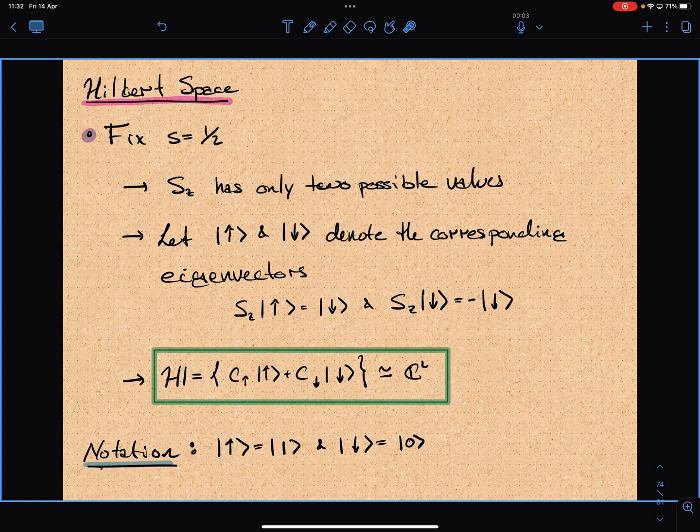And what I want to do is describe this dynamics, or introduce operators related to this spin observable. And these are going to essentially become the basis for the quantum circuits.